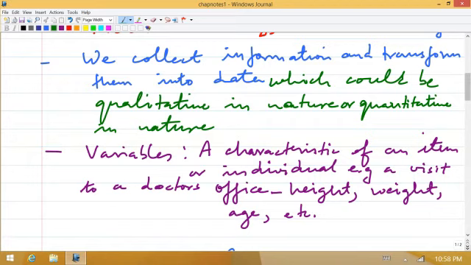So if you go to a doctor's office and they have 100 patients, they can take the weight and find out the average weight of 100 patients. They can find out the average height of 100 patients. They can find the average age of 100 patients. Things of similar nature.